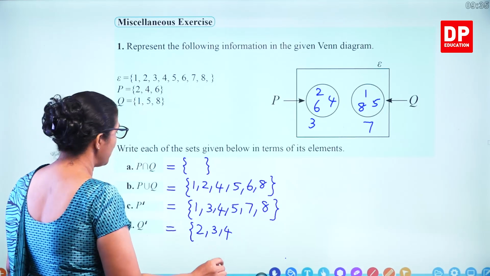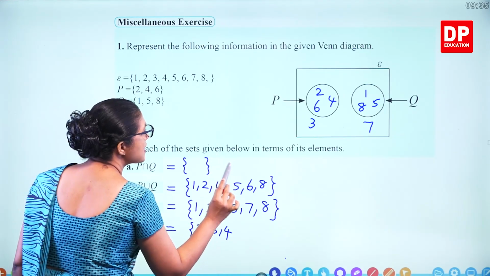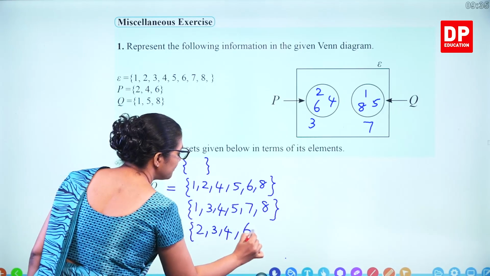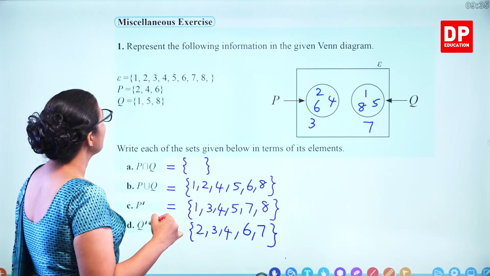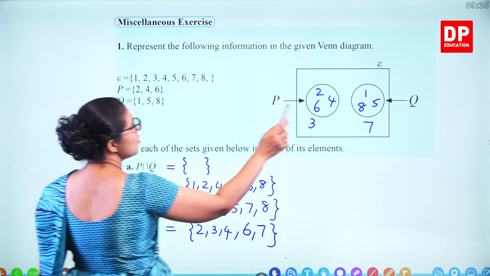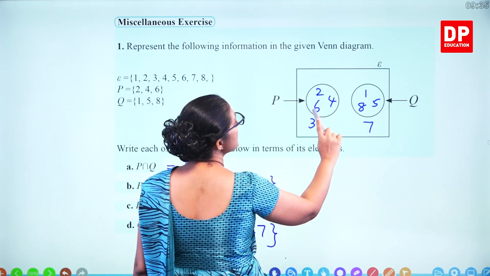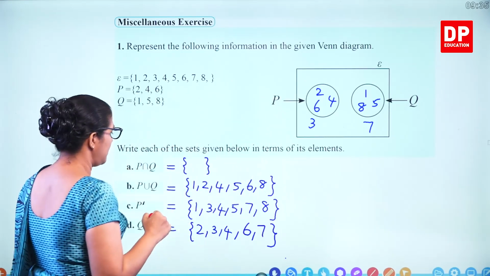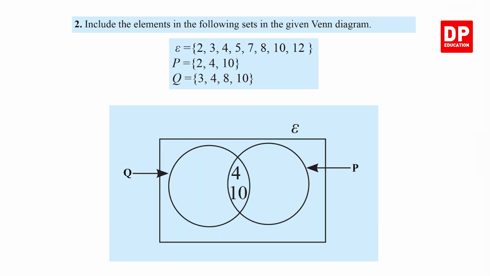So 2, 3. Everything outside Q: 2, 3, 4, 6, 7. So first again check 1, 2, 3, 4, 5, 6, 7, 8. Okay, so that's correct.